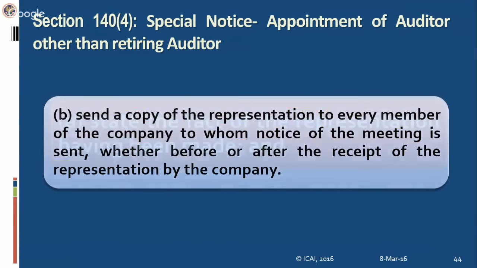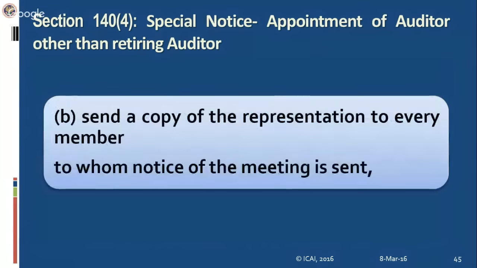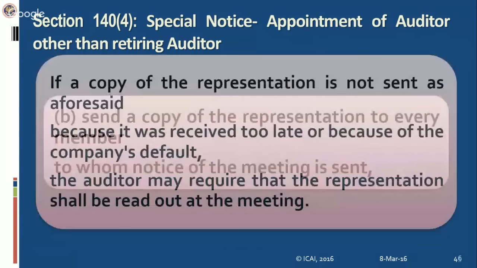So the company shall, A, state the facts of the representation, state the fact that the representation has been made. B, send a copy of the representation to every member to whom notice is being sent.